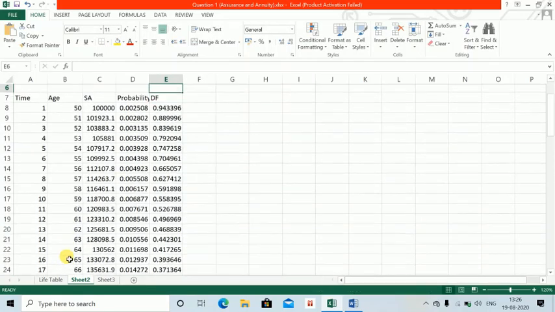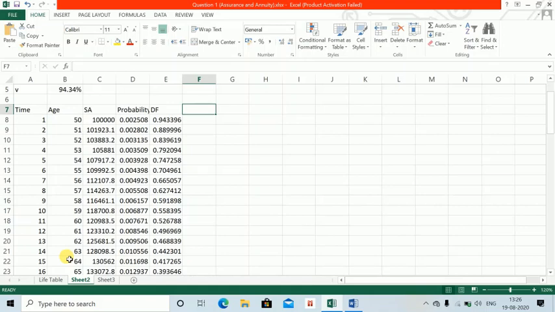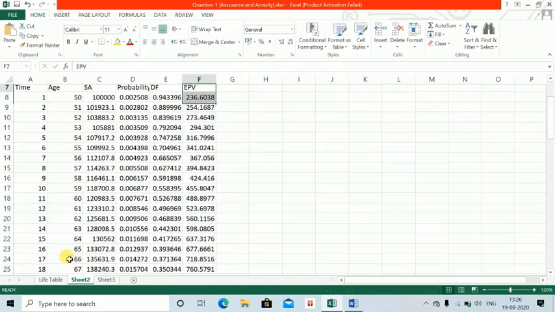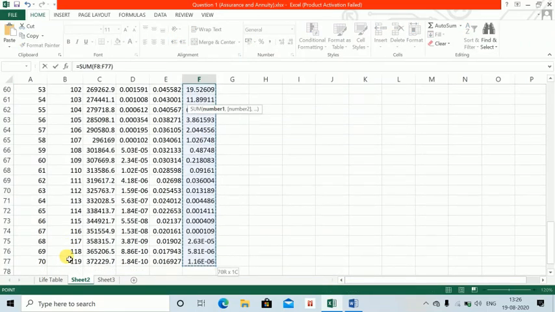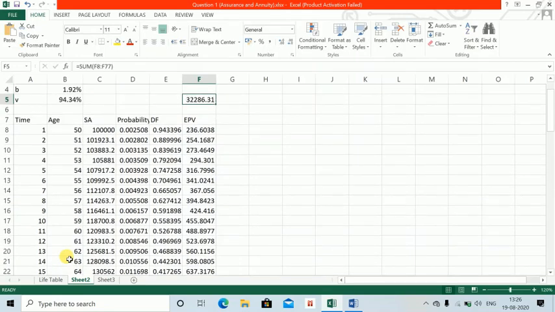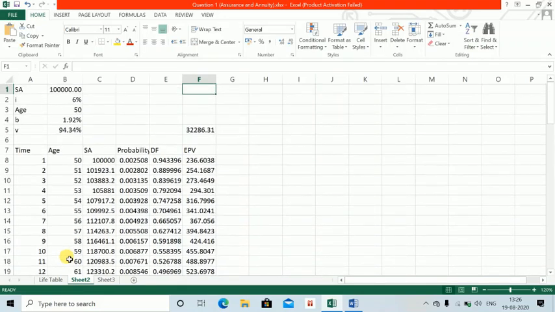This gives me the discounting factor, and once I get it, I can get the EPV. EPV is equal to sum assured times probability times discounting factor. Now I need to add all of these. Adding all of these gives me 32886, which is the EPV of the sum assured that I was asked for in the question.